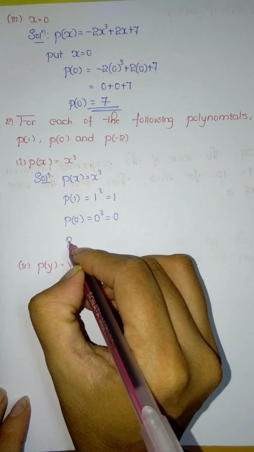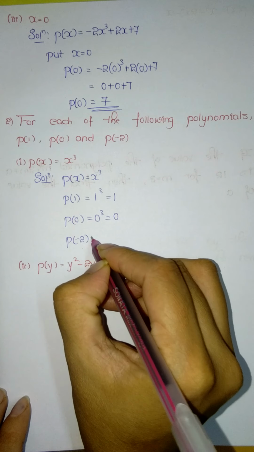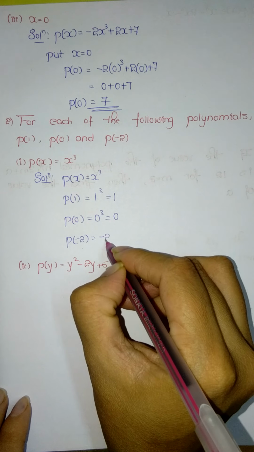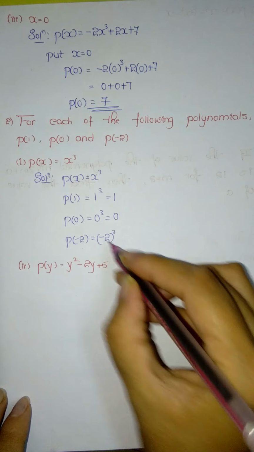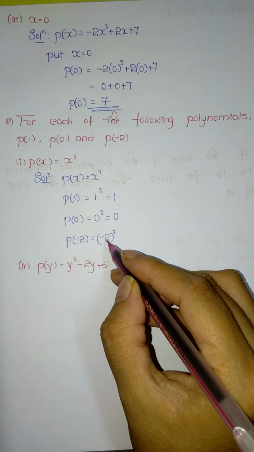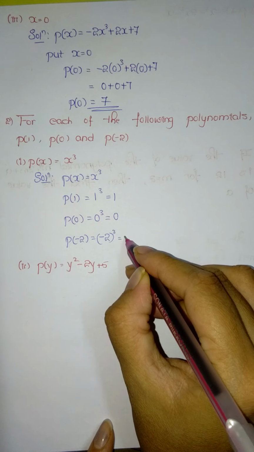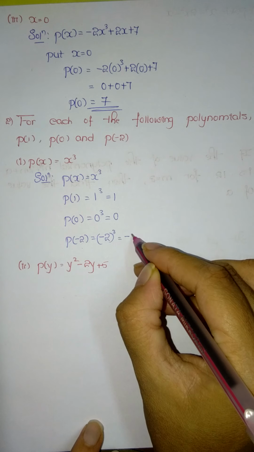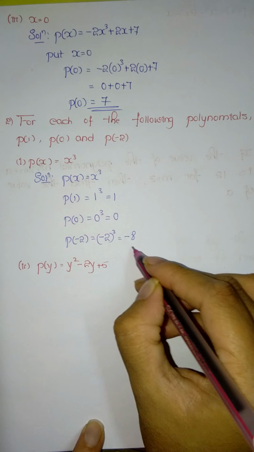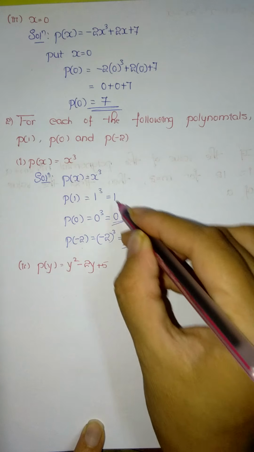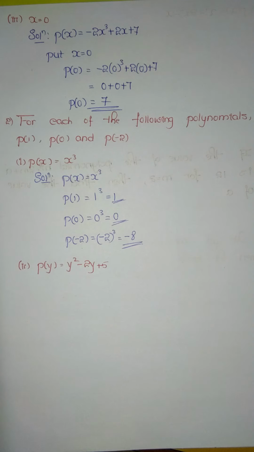And p of minus 2, so minus 2 whole cube. So minus into minus plus, plus into minus, again it becomes minus. So 2 cube is 8, so minus 8. So this is the answer for the first question.